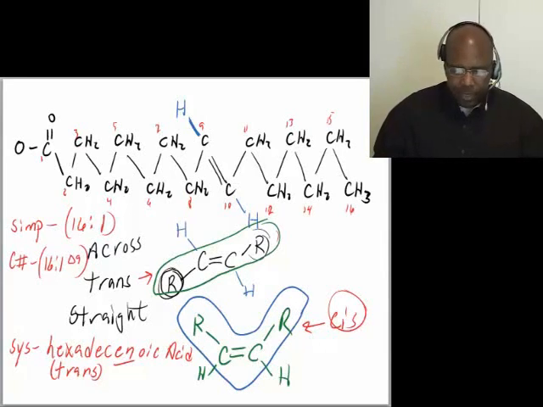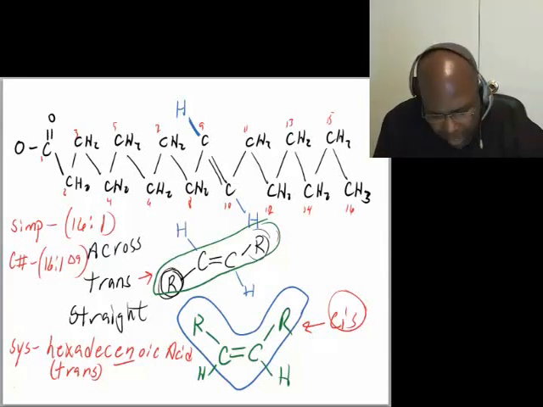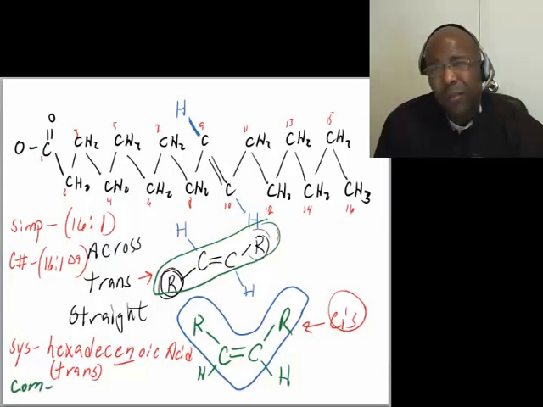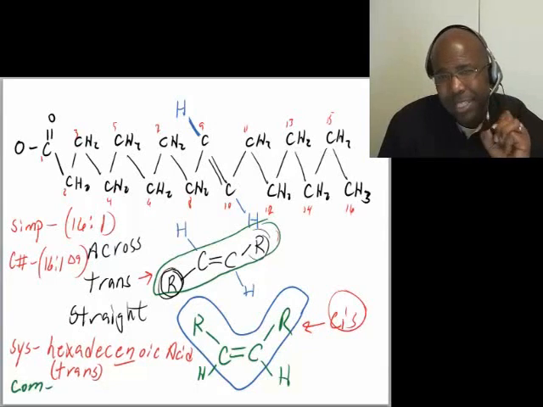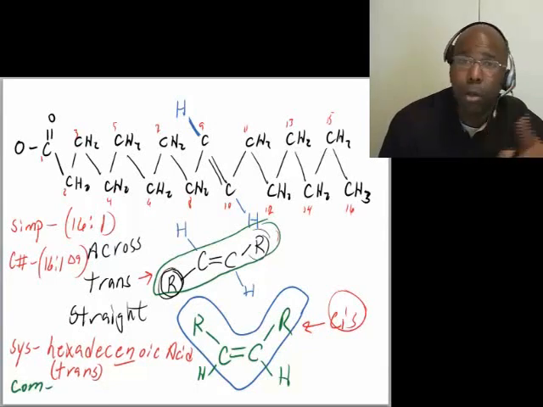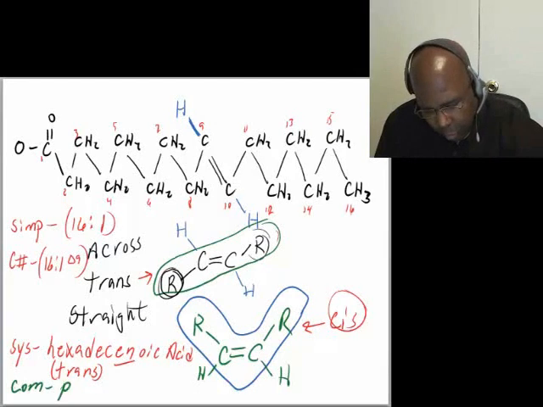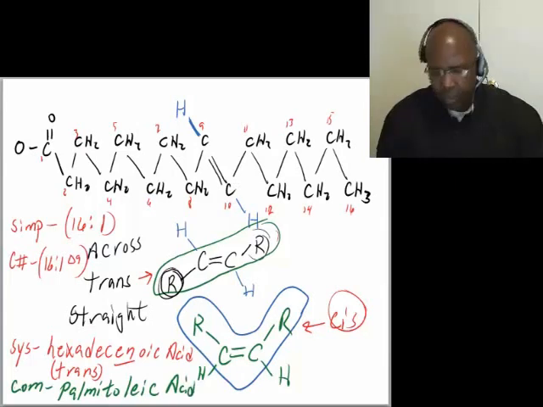I didn't give you the common name. The common name for the 16 carbon with no double bonds was palmitic acid. And so with a double bond, we call this palmitoleic acid. Okay?